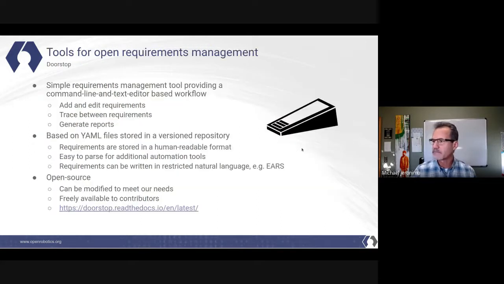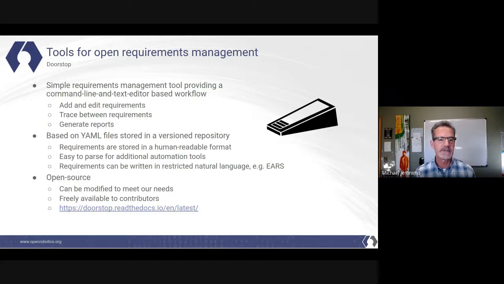So what we settled on is a tool called Doorstop. It's open source. It's a very straightforward, command line oriented requirements management tool. You can create so-called documents and then add requirements to those, and then make links between those and see the hierarchy of requirements.